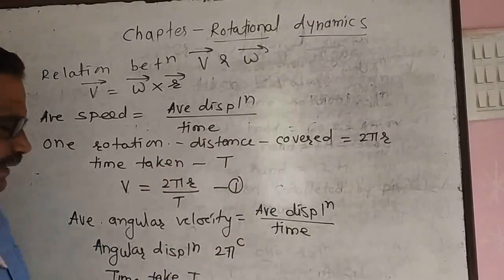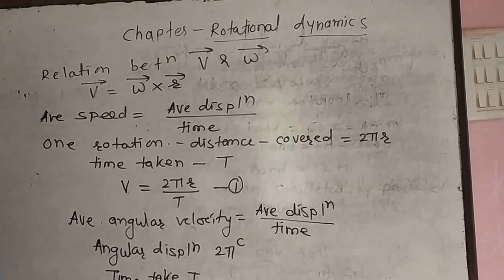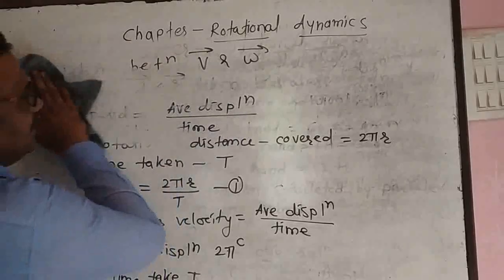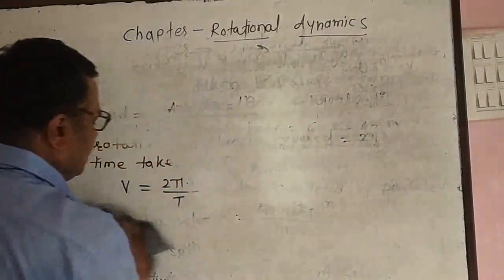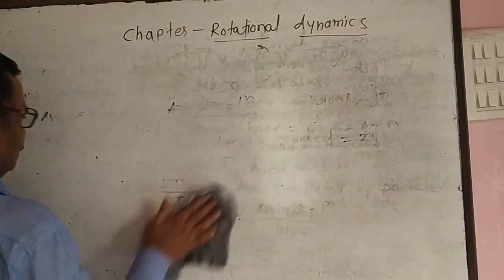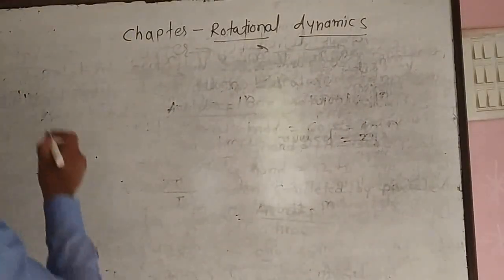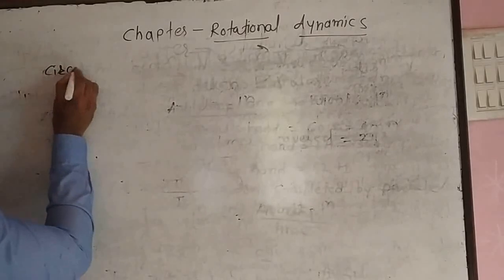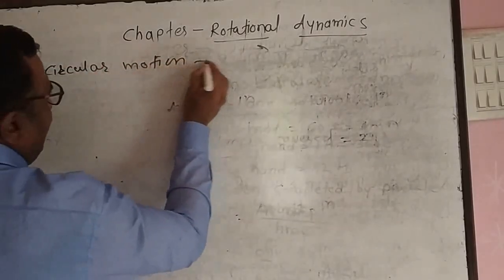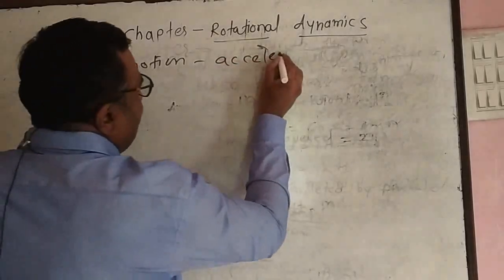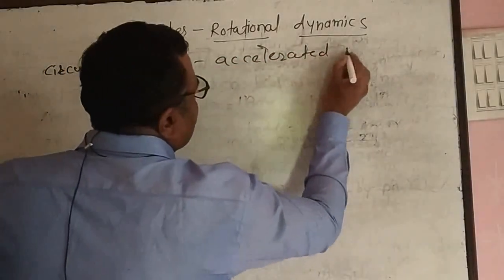Now, in the next topic, we discuss circular motion. It is an example of accelerated motion. Circular motion is an example of accelerated motion.